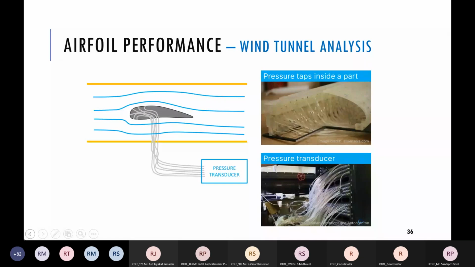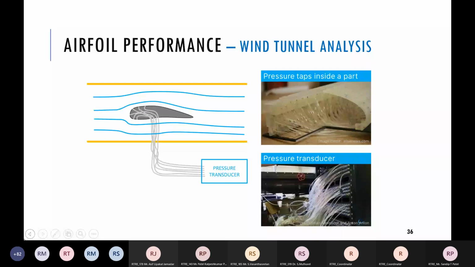Before that, people used to put tubes connected with a manometer. So it required a lot of space, and for a smaller airfoil it was not possible. Nowadays, there are digital pressure transducers available, and they are very small in size. So you can incorporate them inside the airfoil. Okay.